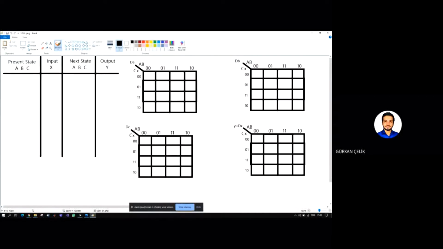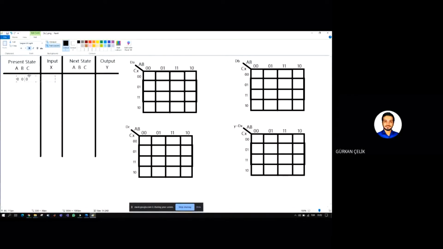So the present state of the flip-flops can be 0 0 0, but there is also the input X, which can be 0 or 1. You can think of that as 4 bits.